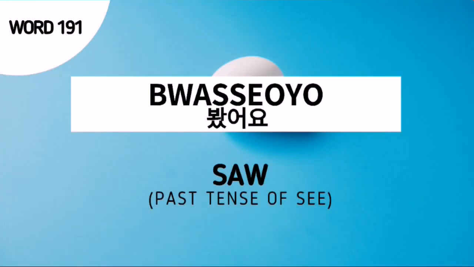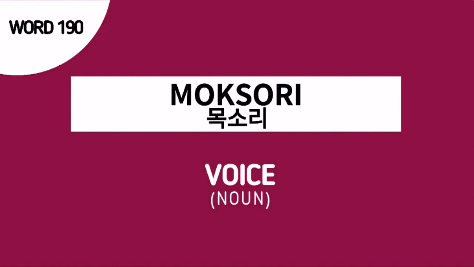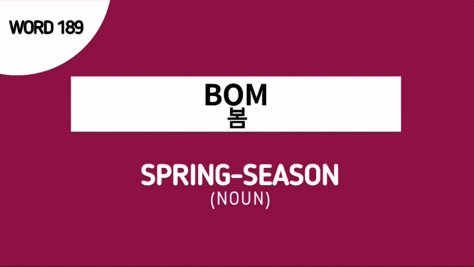Word number 191 is Boseyo, which means so, or the past tense of the verb to see. Word number 190 is moksori, and this is the Korean noun for voice. Word number 189 is bom, and this is the Korean noun for spring season.